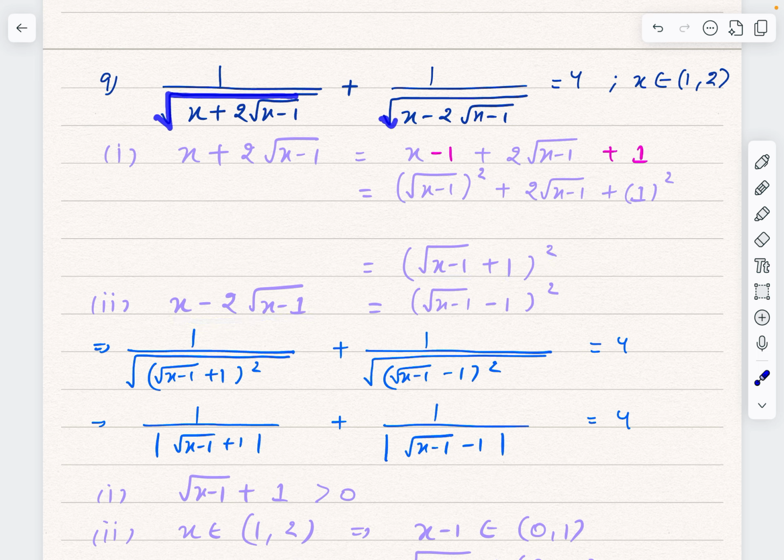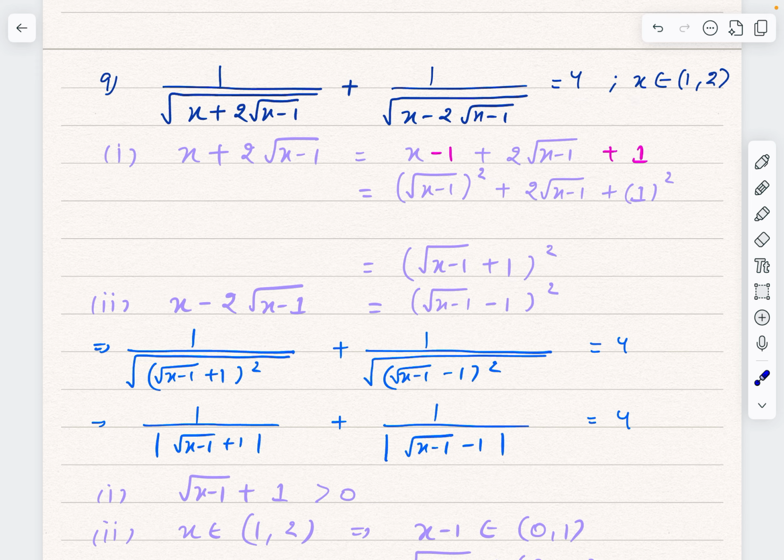So it's square root of root x minus 1 plus 1 whole square plus 1 by square root of root x minus 1 whole square. And you cancel this square and root, you get mod here. So it will be 1 by mod root x minus 1 plus 1 plus 1 by mod root x minus 1 equal to 4. Now, x belongs to 1 to 2.